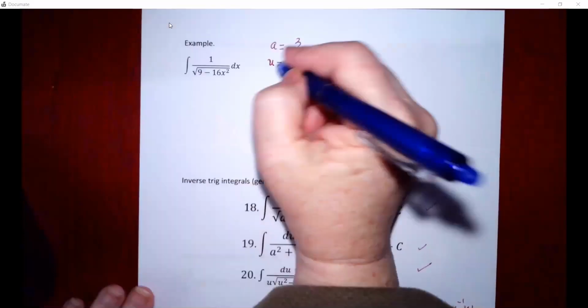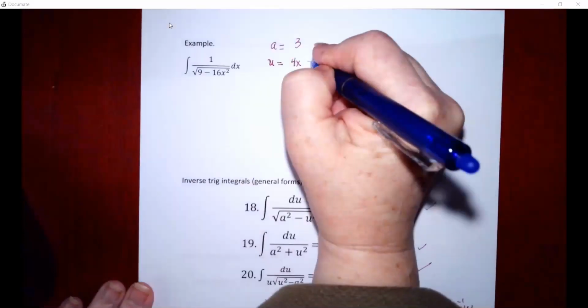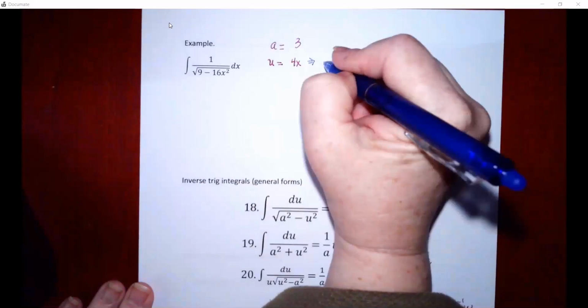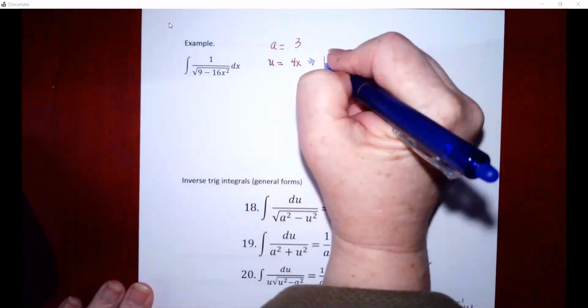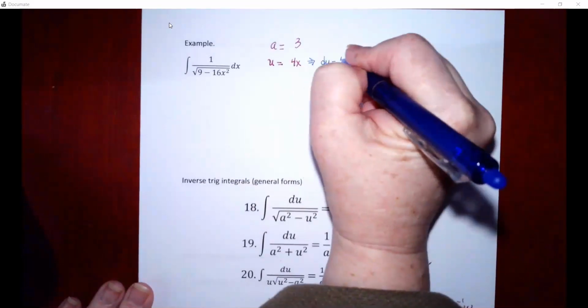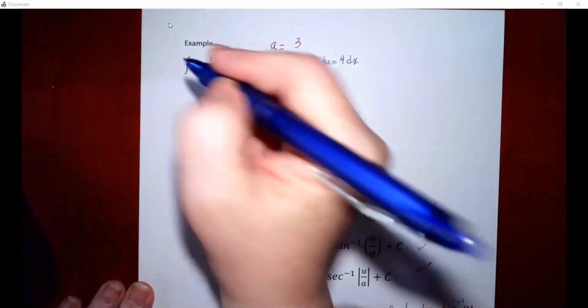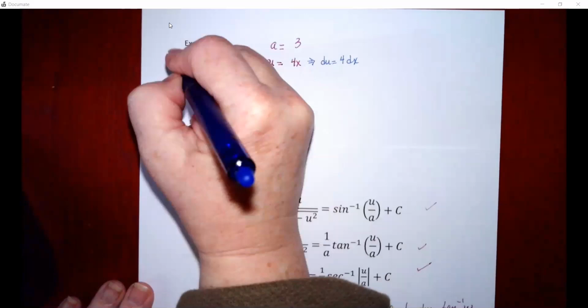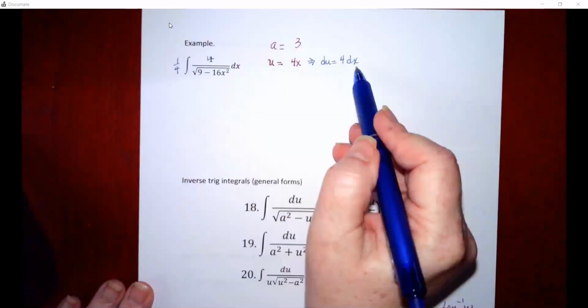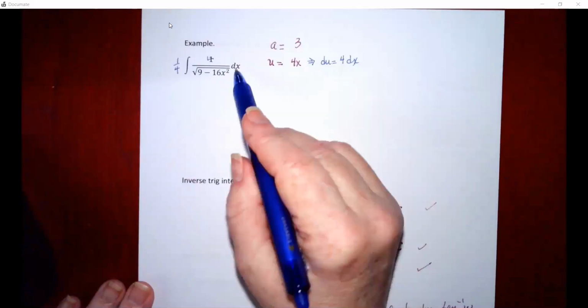If u is equal to 4x, what would that mean about du? If u is equal to 4x, then du will be 4 dx. So I'm just going to multiply by 4 and reverse it with a 1/4. You could definitely solve for dx and plug in, and that's fine.